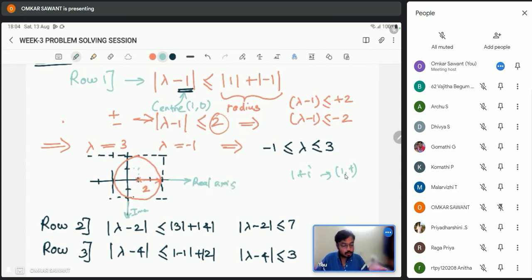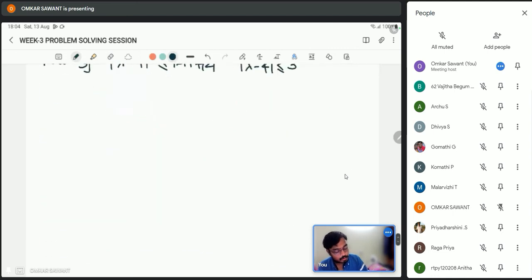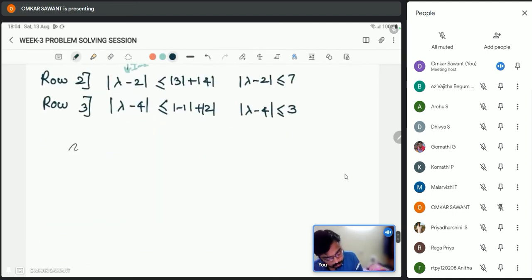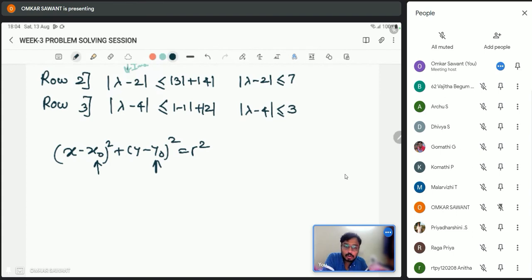When you write, for example, you remember the equation of the circle. How do we write the equation of the circle? x minus x0, y minus y0 whole square is equal to r square, right? This x0 and y0 are the coordinates of the origin of the circle, the center coordinates.